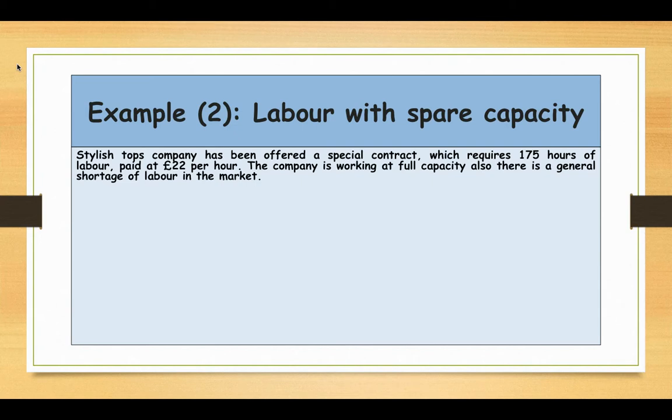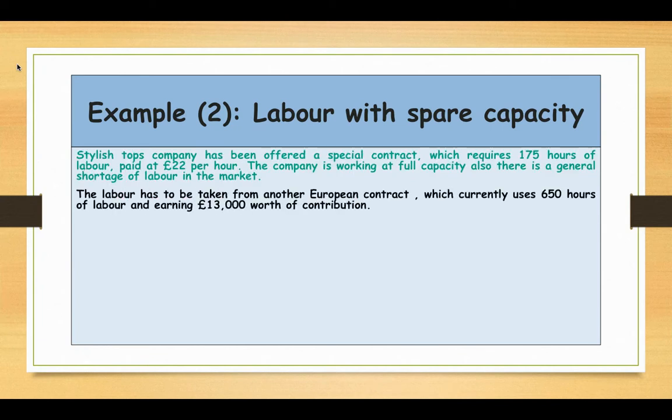The company is working at full capacity. Also, there is a general shortage of labor in the market. So that means there is no spare capacity of labor, and also the company can't hire any extra labor from the market due to the shortage.